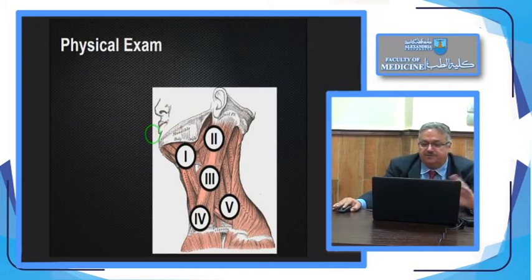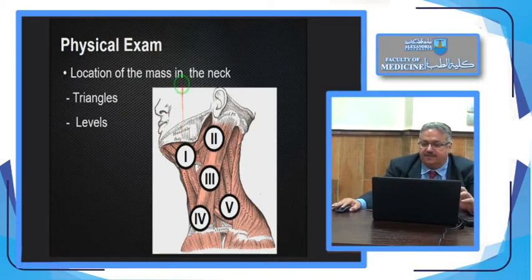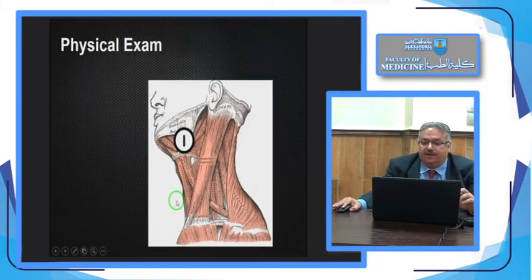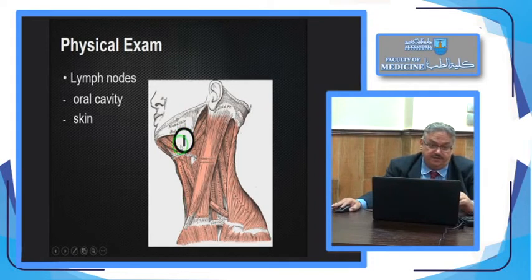So, of course, the very famous triangles and levels, level 1, level 2, level 3, level 4, level 5, and the anterior compartment or the central compartment of level 6. So, considering lymph nodes in level 1, if it is a secondary, as I told you before, 80% are secondaries, right? So if it is a secondary, the metastatic lymphadenopathy comes from the oral cavity and skin in level 1, what used to be submental, submandibular, it's level 1 now.